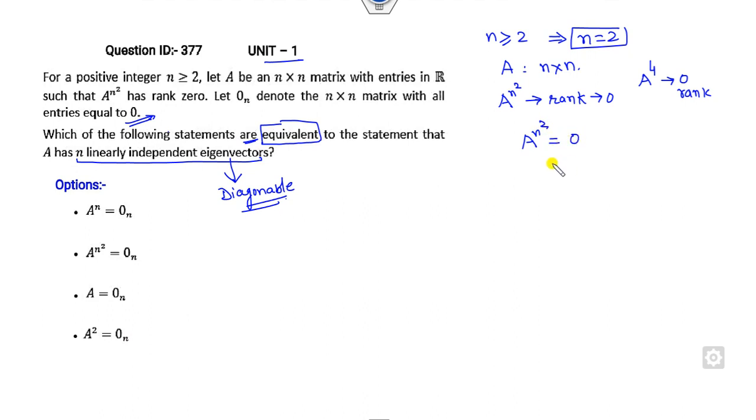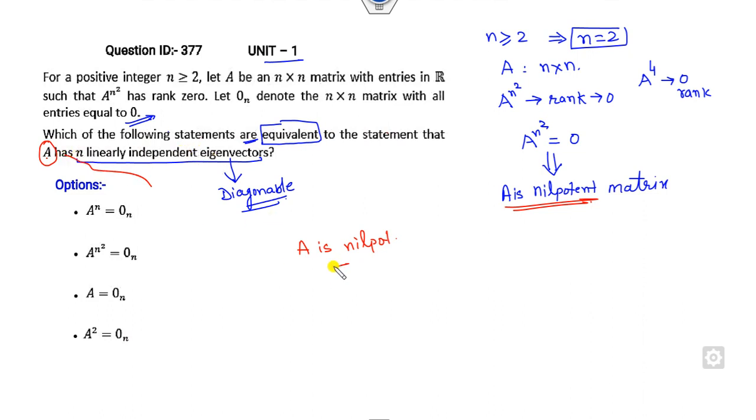That means A is a nilpotent matrix. So once you know A is a nilpotent matrix, you have to find the condition.